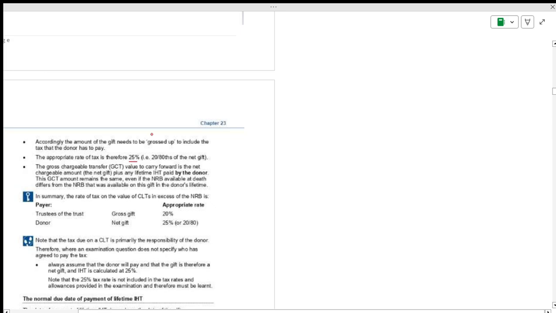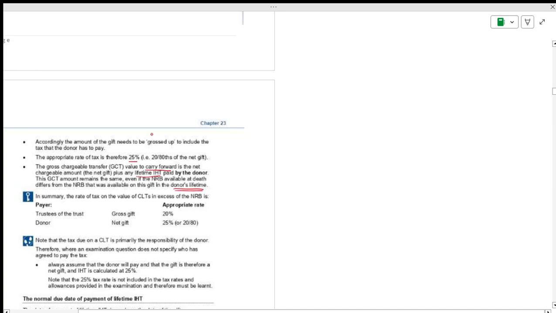For the net gift, gross up by 20 divided by 80 of the net gift. The gross chargeable transfer value to carry forward is the net chargeable amount, the net gift plus any lifetime inheritance tax paid by the donor. This CLT amount remains the same even if the NRB available at death is different from the NRB that was available at the time of the gift during the donor's lifetime.